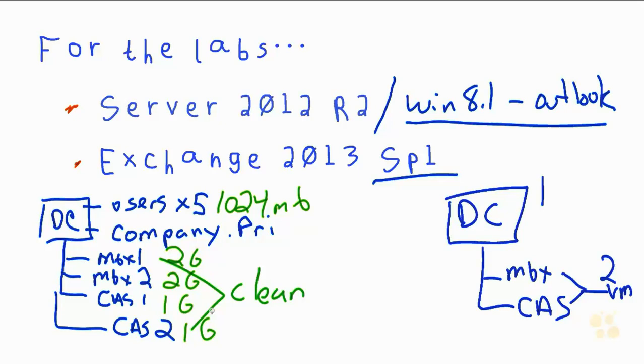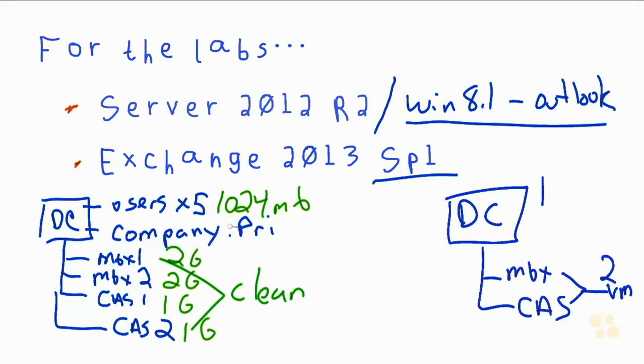Now, this obviously is not a production environment. This is a very simple lab environment to do the things that we're doing in this video series. So don't use those memory requirements in production. So as you can see, I'm looking at what, 4, 5, 6, about 7 gigs. So if you have a machine that has 8 gigs in it, it's going to get pretty close with that kind of environment.